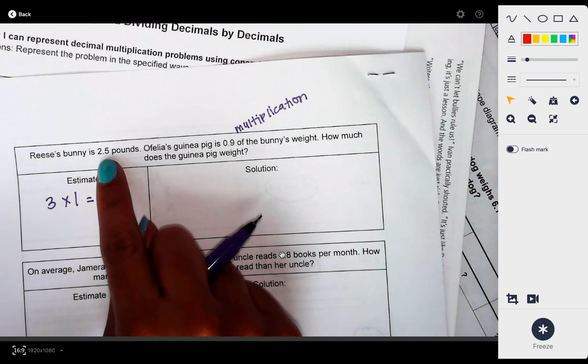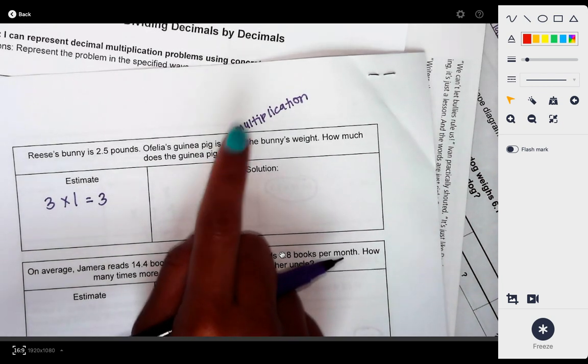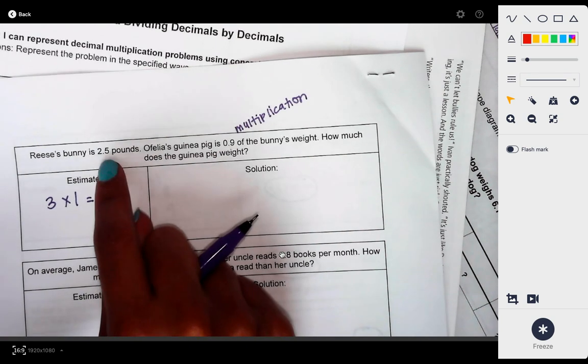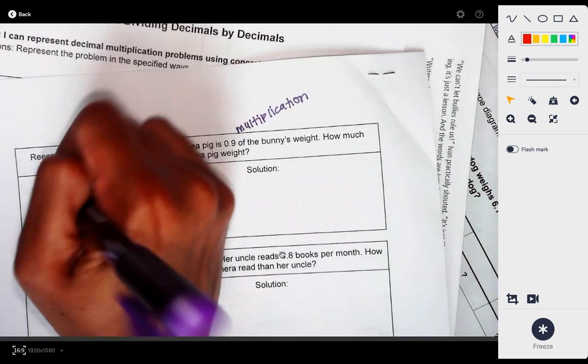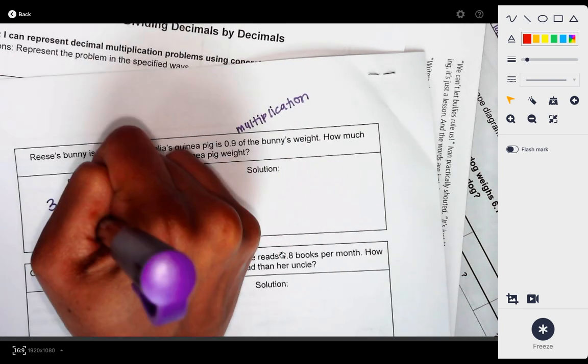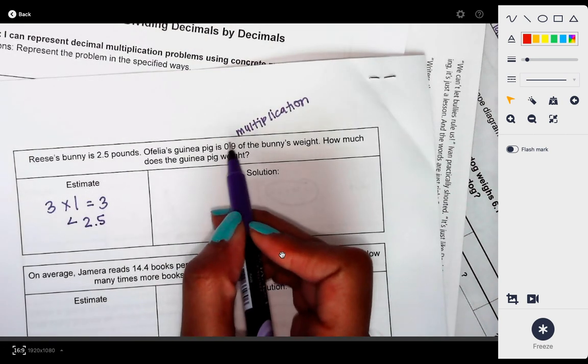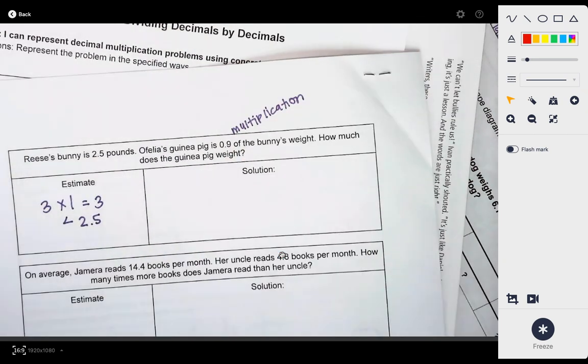But I know that when I'm multiplying a number by a decimal less than 1, it's going to be smaller than this. So really, I know that my answer will be a tiny bit smaller than 2.5. Just a tiny bit, because 9/10 is almost all of it.